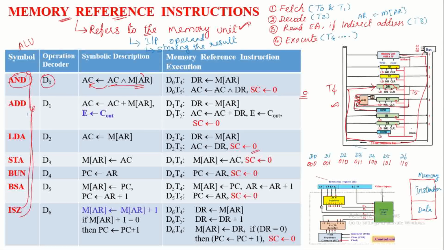Here, as we just discussed, during timing signal T4, since one of the operands is taken from the memory unit, that memory word is transferred to the data register.